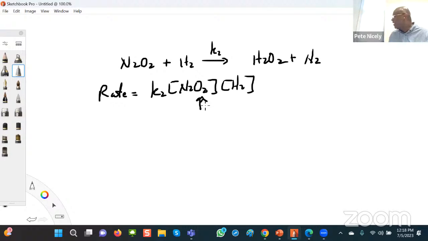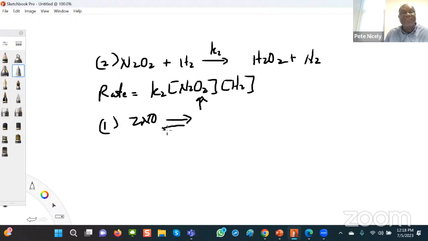However, based on the first equation, we can establish a relationship between the N2O2 and NO, which is a reactant. So this is the second step in the mechanism. The first step in the mechanism is 2NO to form, and this is a reversible process, to form N2O2.